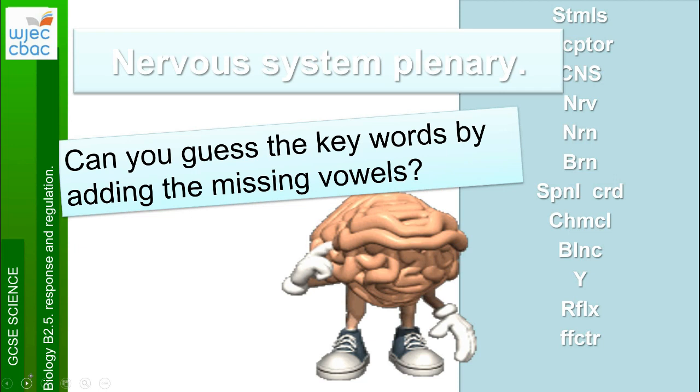Next one would be brain, then spinal cord, chemical, then blink. Well, they've missed the K off there as well. Next one would be eye, reflex, and effector.